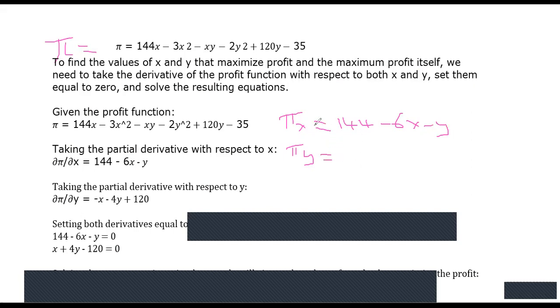But differentiating with respect to y, there's no y there. We're going to start from here. We're going to have minus x. Then here, 2y squared, what are we going to have? 4y. Minus 4y. And there, plus 120. So we have equation 1 and equation 2. All together?